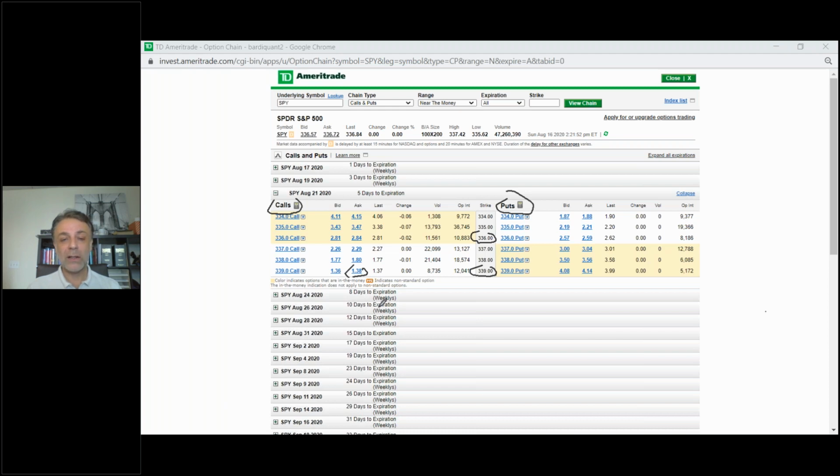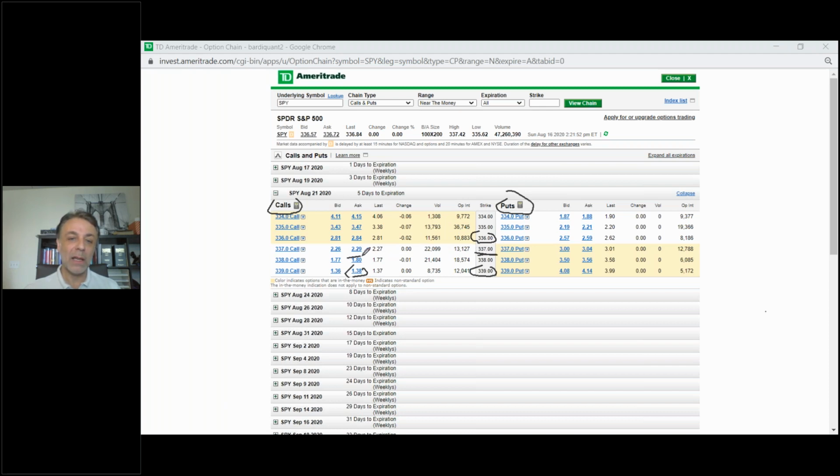That's how it works, and you can select the price that you think is more appropriate, based on your analysis, and you will pay the appropriate premium. Please notice that the closer the strike price is to the current price, the higher the premium you pay.